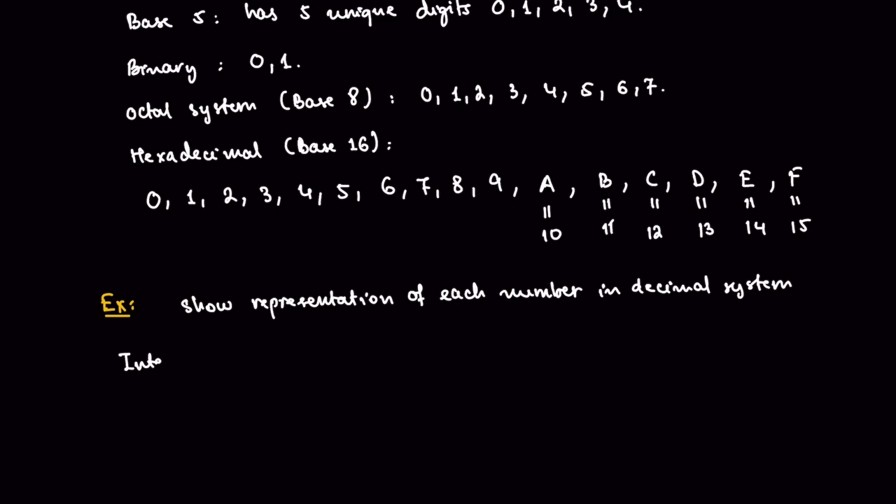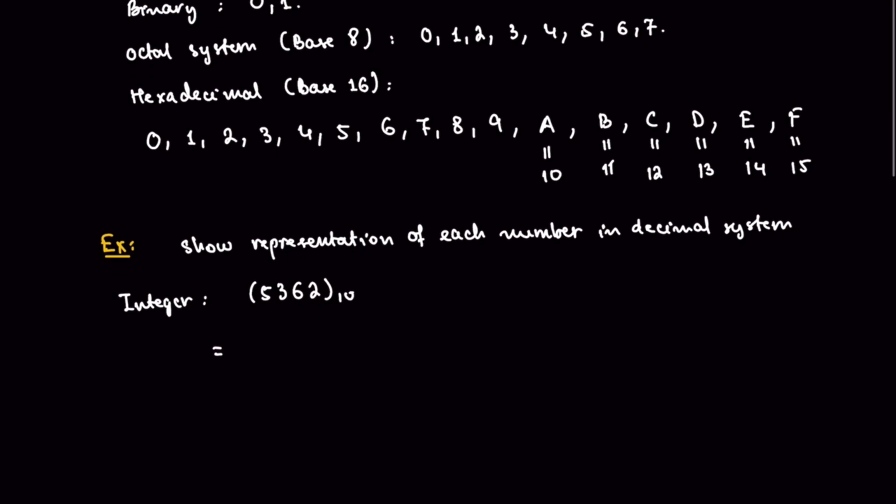For integers, let's consider the number 5,362. To stay consistent with this lecture, I'm going to indicate that this number is in base 10, or in the decimal system.